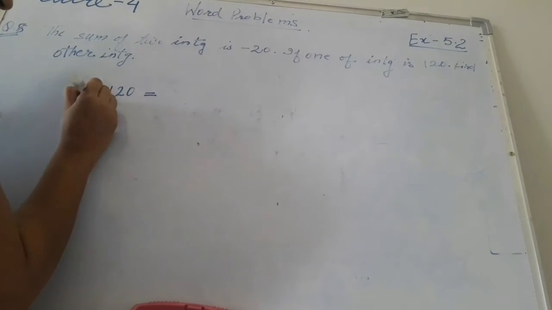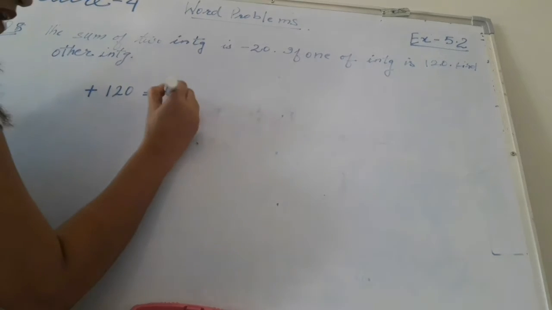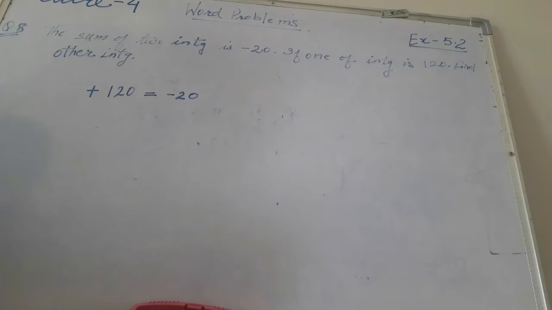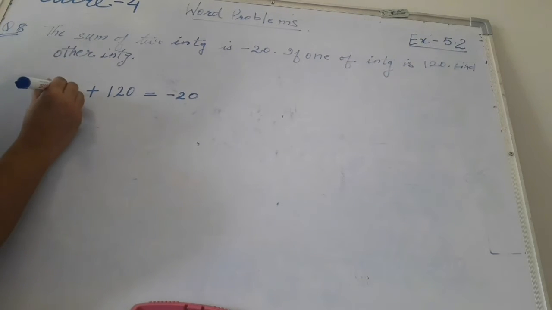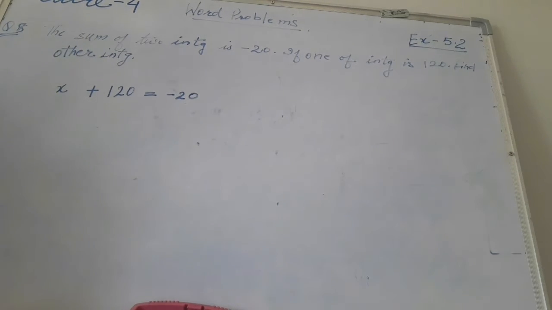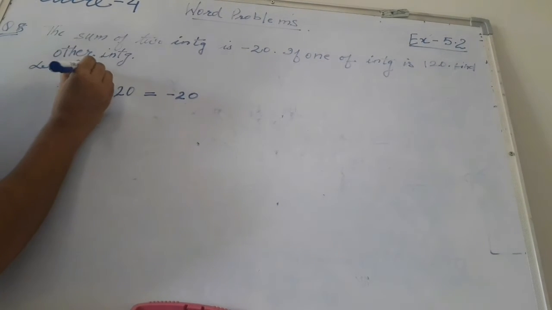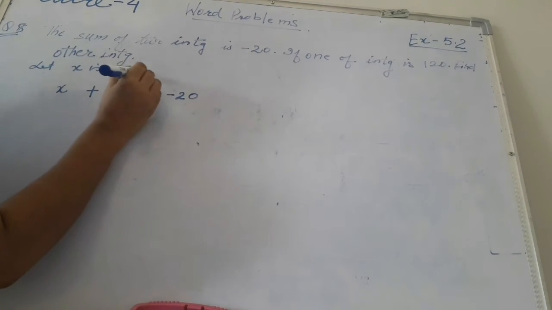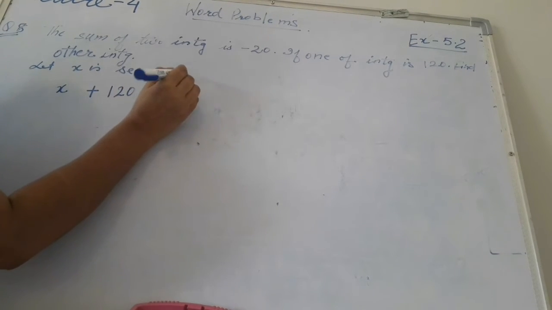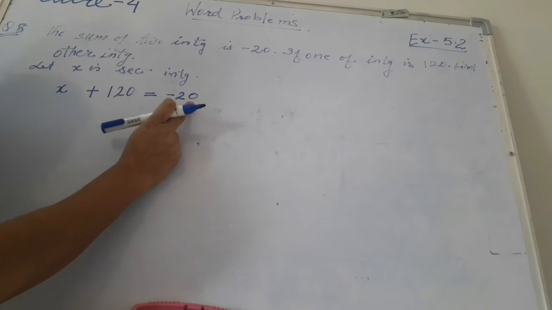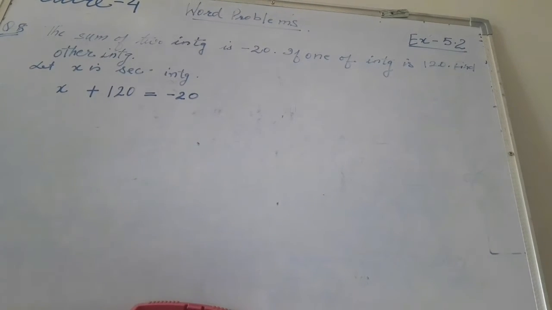That is, if I add something to 120, I will get my answer as minus 20. So suppose I have taken the second integer as x, right? Let x be the second integer. On adding x and 120, I will get my answer as minus 20.